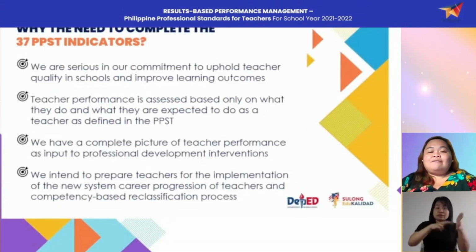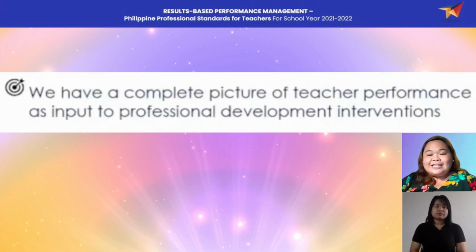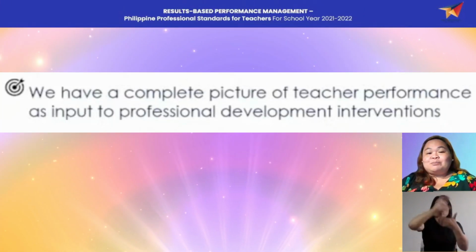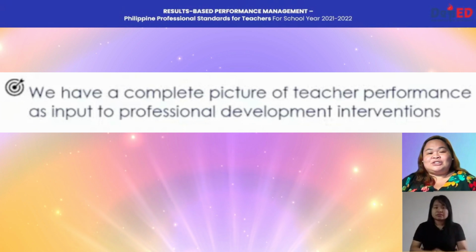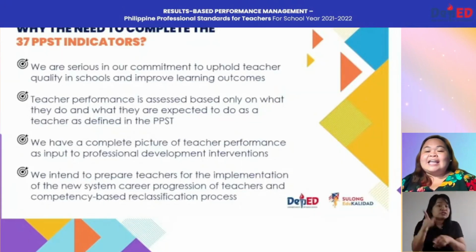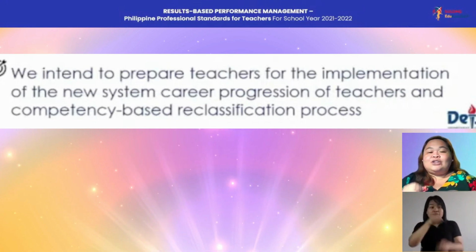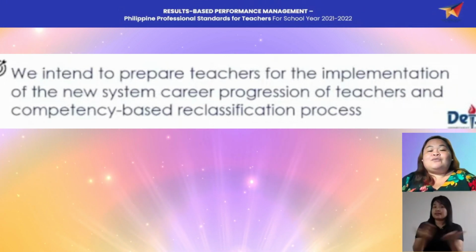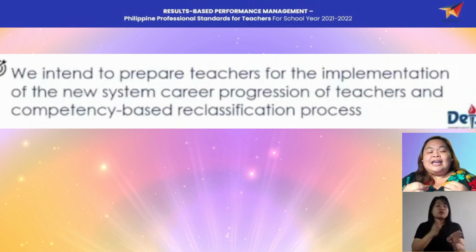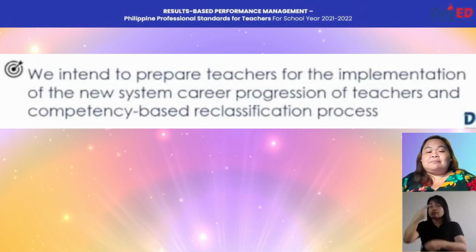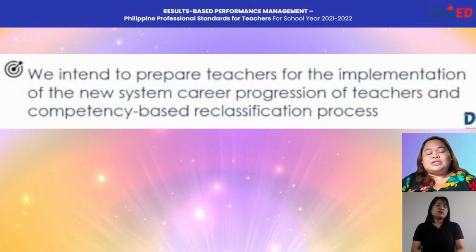Further, we need to have a complete picture of teacher performance as an input to professional development intervention, as we intend to prepare our teachers for the implementation of the new system of career progression for teachers and what we call the competency-based reclassification process.